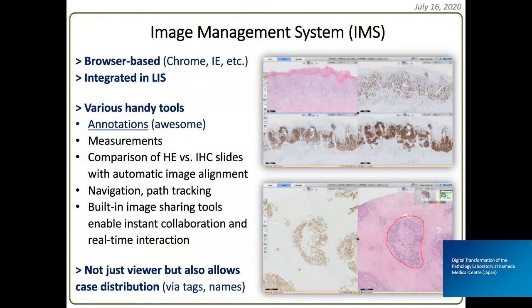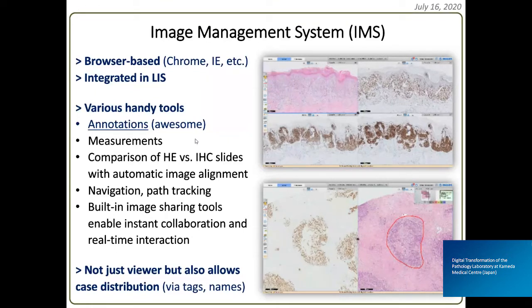What really makes sense for us as medical doctors are the features of the IMS or Philips viewer. IMS is an image management system which is browser-based, could be Chrome or whatever, Internet Explorer. It is important that it could be integrated in your local LIS, laboratory information system. This is exactly what we have here at our location.